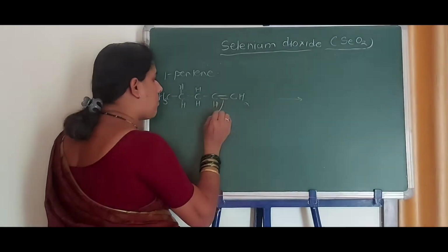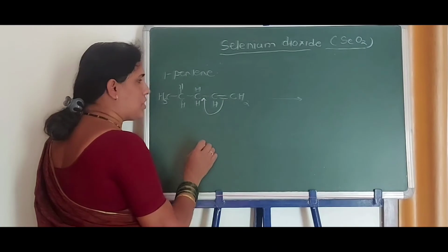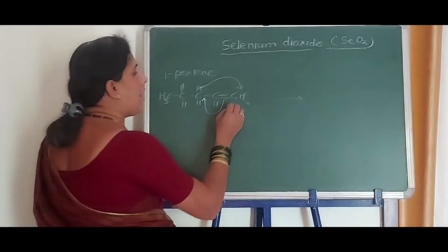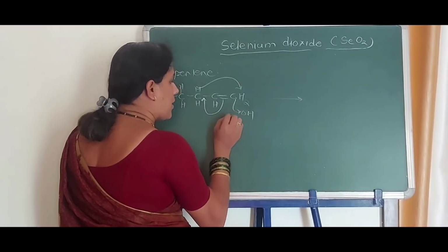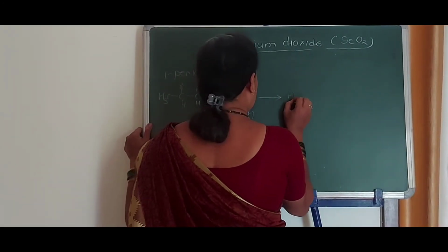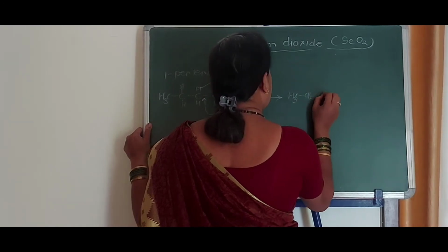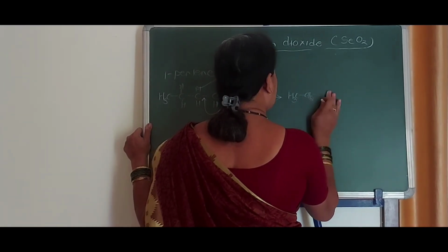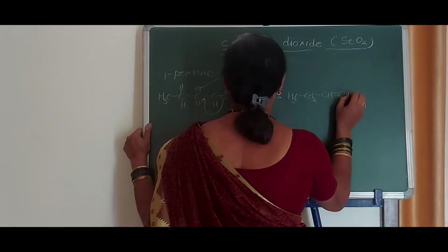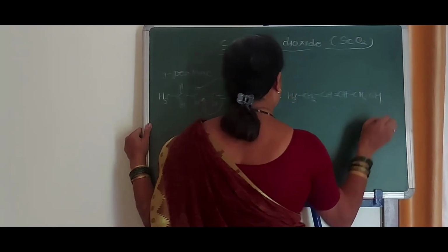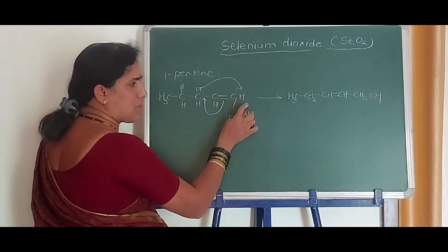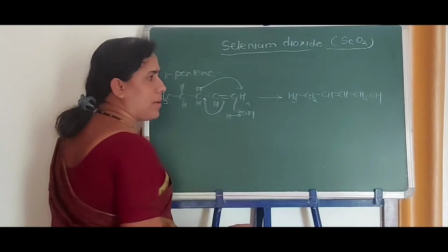Here the double bond migrates to this position, and one of the H is converted into an OH. The required product is CH3 CH2 CH double bond CH CH2 OH. So this double bond is transferred to here, one of these H is transferred here, and there is formation of this primary alcohol.